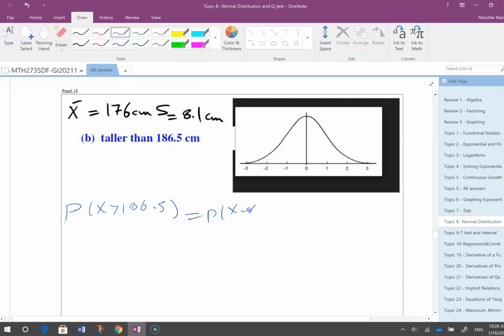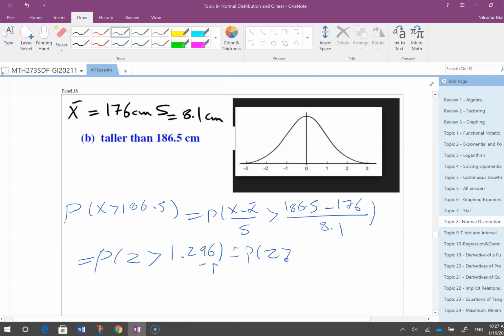Probability x minus x bar divided by s more than 186.5 minus 176 over 8.1, which is probability z more than 1.296. Underline that, check that it is probability z more than 1.30. Yes, I need 2 digits after the decimal.